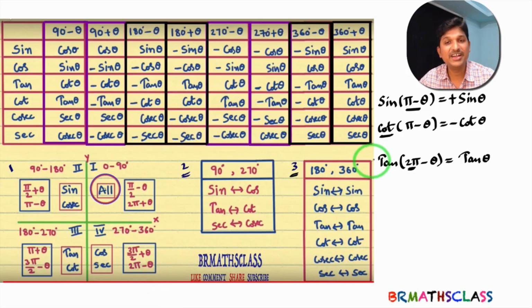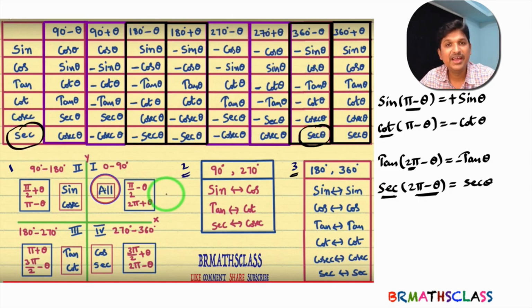In the fourth quadrant, only cos is positive, and tan is negative. So tan of 2 pi minus theta is minus tan theta. You can observe the answer here. I hope you are understanding.